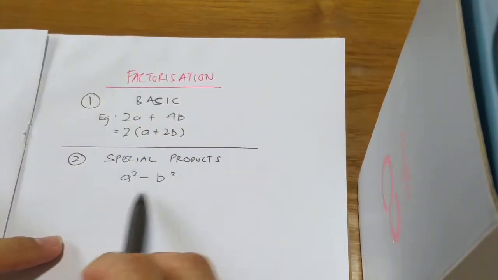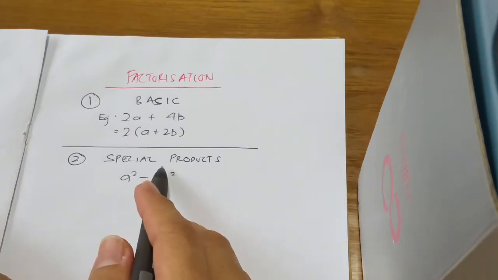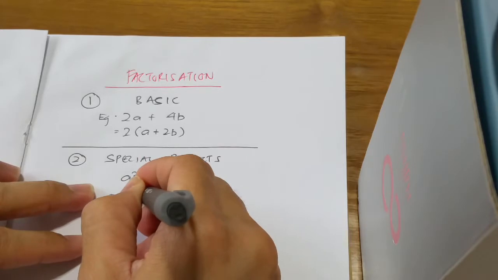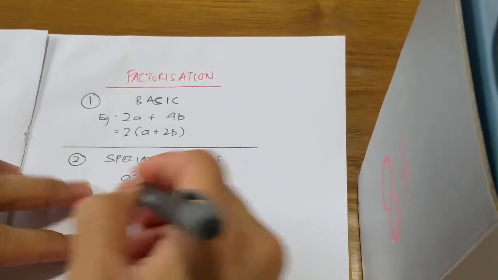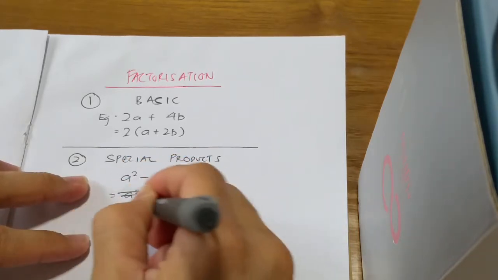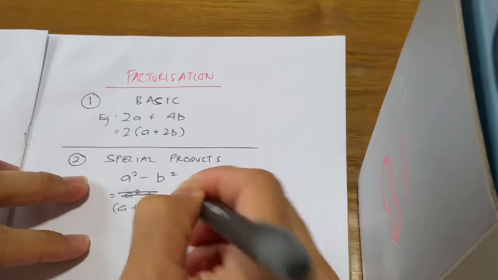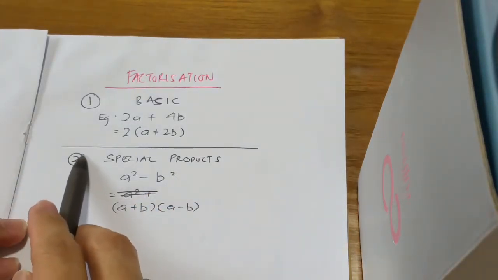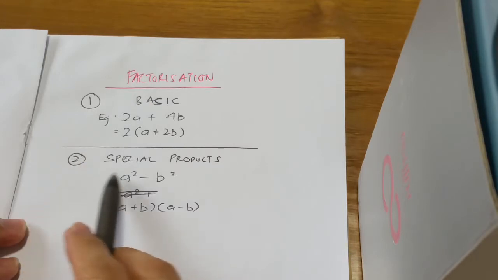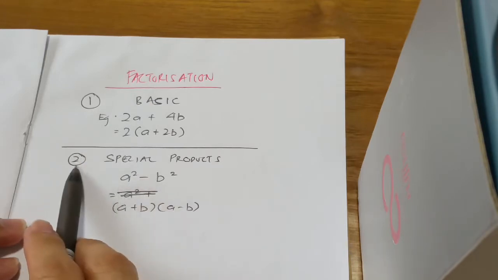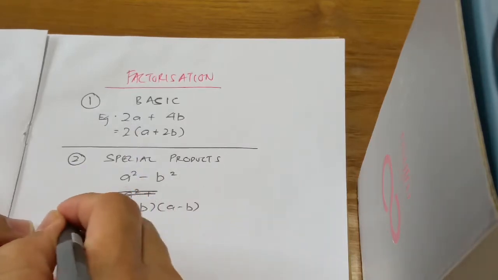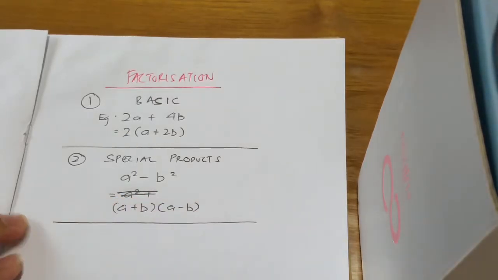If you see something like this, then you must use special products. You factorize it as a plus b and a minus b. The number 2 here represents the number of terms. If there are two terms, it is special products. That is why I am arranging the methods in this order.